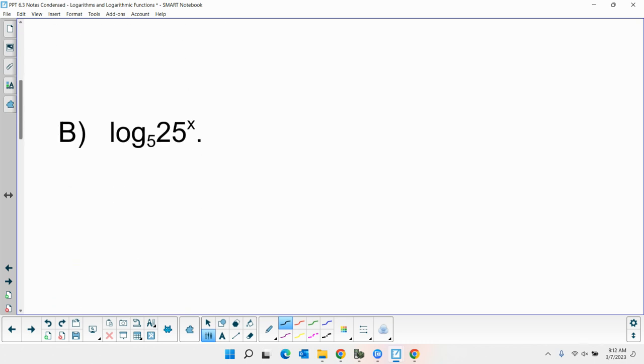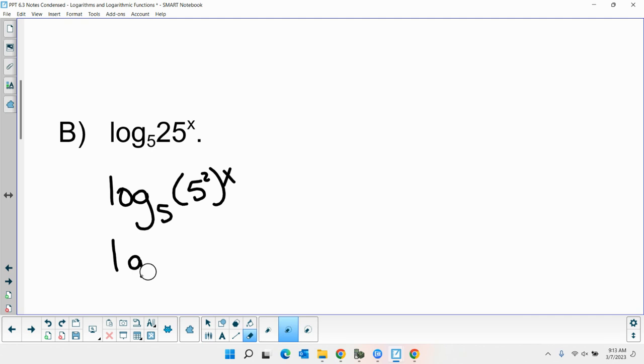Okay, this isn't a 25, but I could write it as what? How could I write 25? 5 squared, right? And then what do I do with the 5 squared and the x? Oops, not LG, but LOG, right?